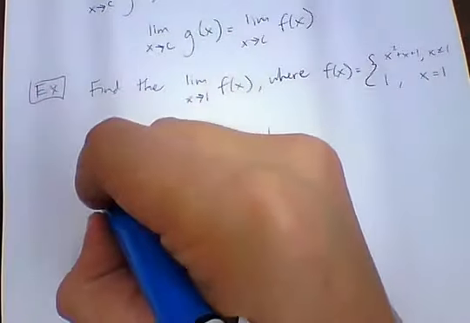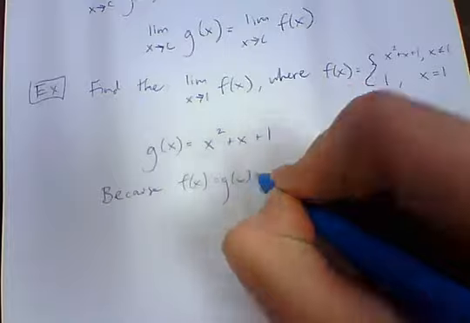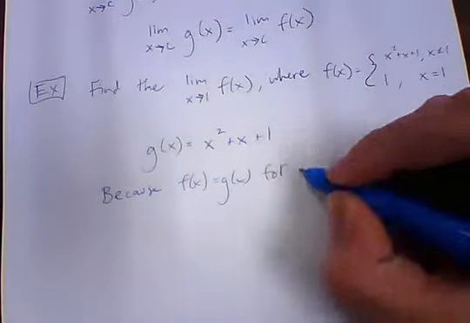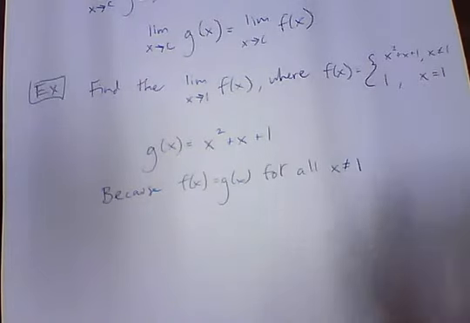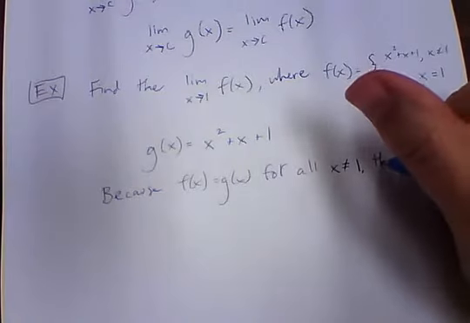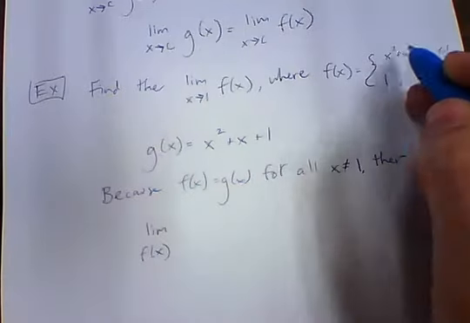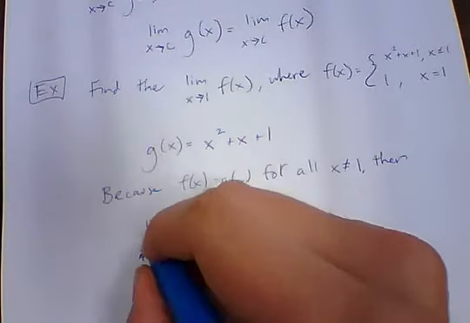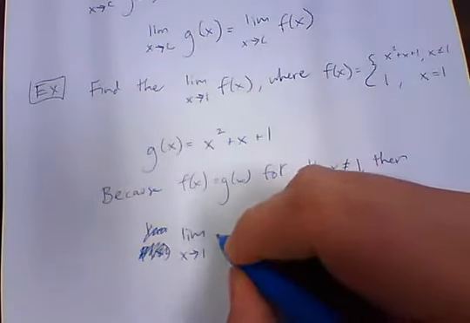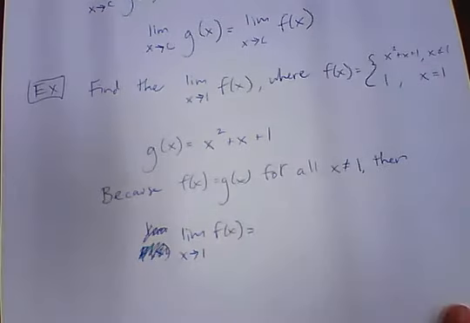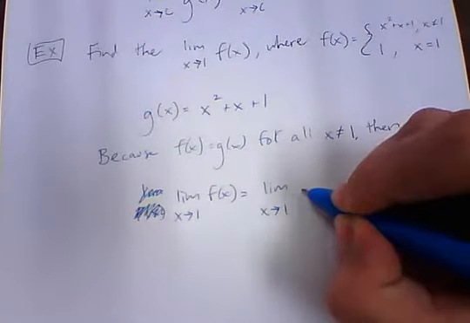And so we can write out that thought. We can say because f of x equals g of x for all x not equal to 1, then we can say that the limit as x approaches 1 for the function f of x is the same as the limit as x approaches 1 for g of x.